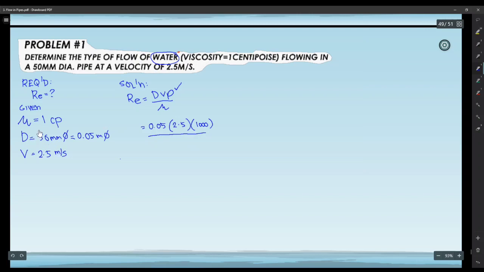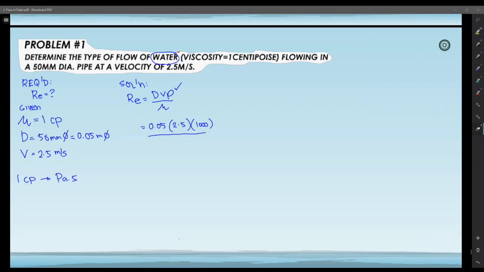So before that pala, we need to convert first this mu to its equivalent value in terms of Pascal seconds. So ano ba yung conversion natin for mu? Yung centipoise natin, dadalhin natin ito to Pascal seconds.